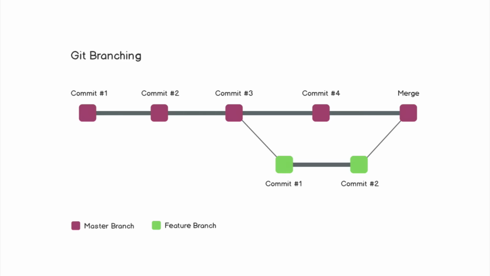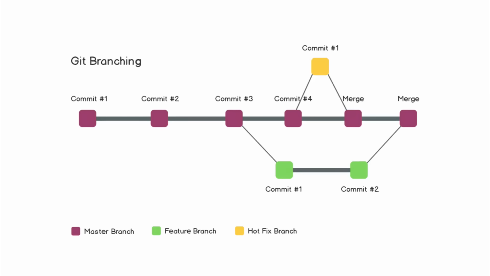So for that, we make this other branch, I called it a hotfix branch here, represented by yellow, and you can see that I made the change in one commit to fix whatever bug was wrong with the code on its own branch. I made sure it was working correctly, and then I merged it back into the master branch.